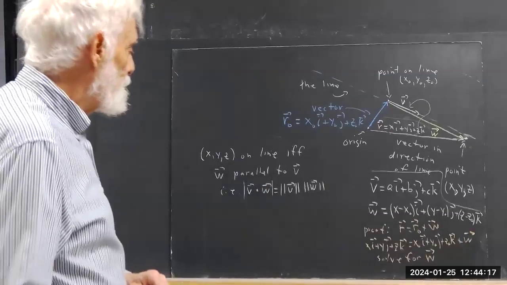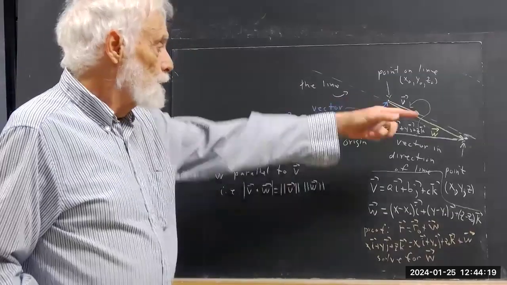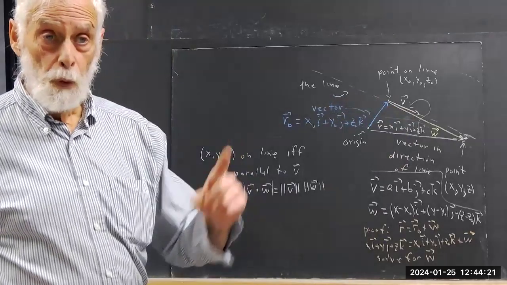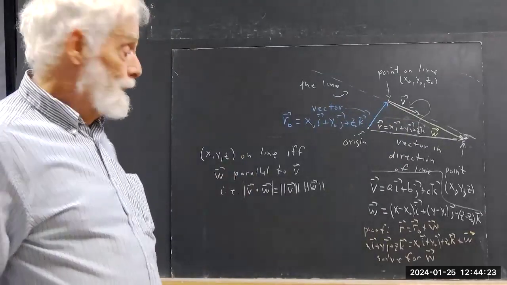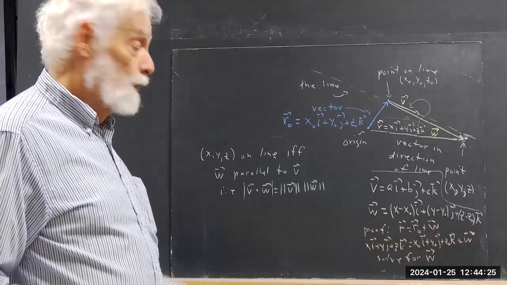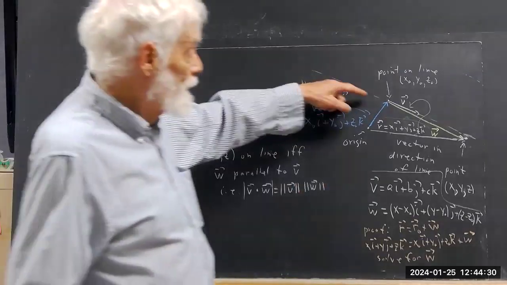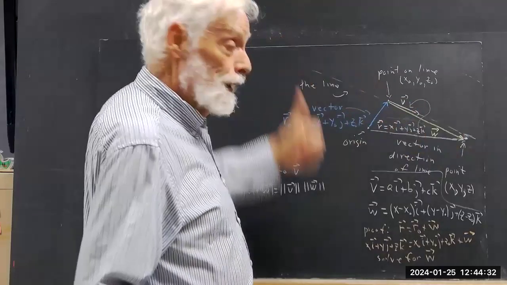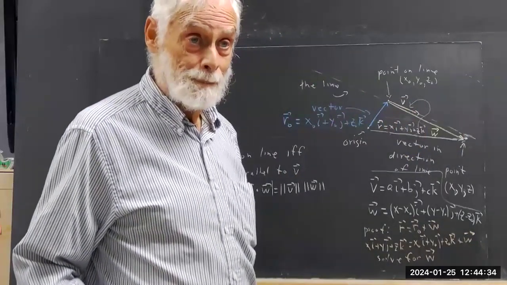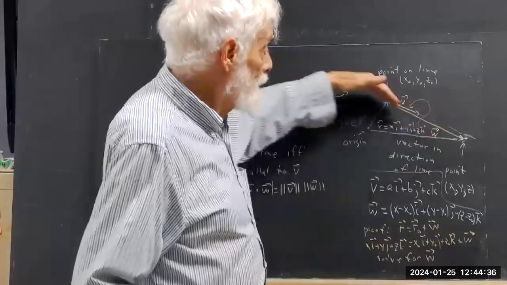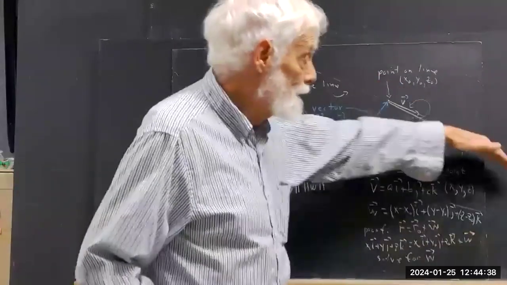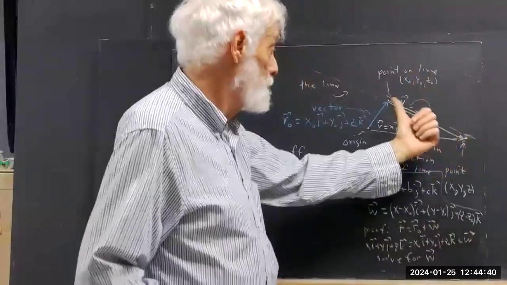That occurs if the cosine of the angle between B and W is 1 or -1. Okay, in other words, 1 on this side, -1 on that side, right? The angle between B and W is 0 if W is on this side and on the line.